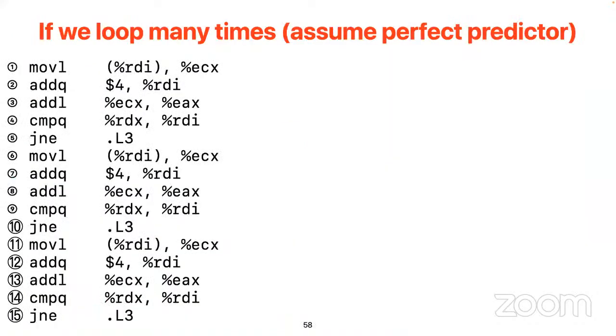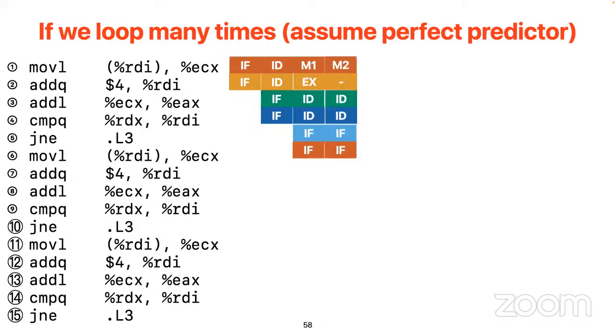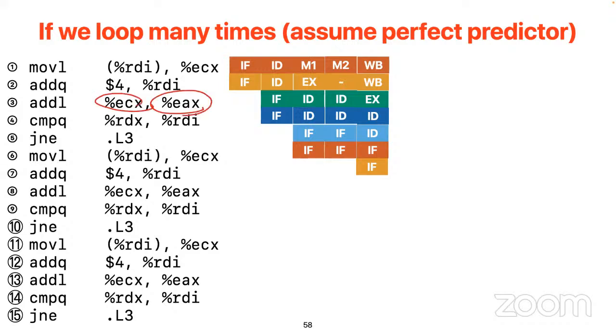So for this particular piece of code, if you can fetch and decode 2 instructions, ideally we want every cycle to have 2 instructions into execution. However, there's still a problem here. For instruction 3, it has a data dependency with the first instruction.